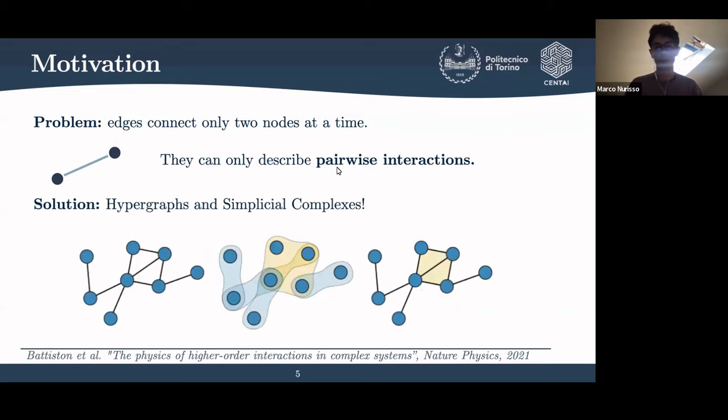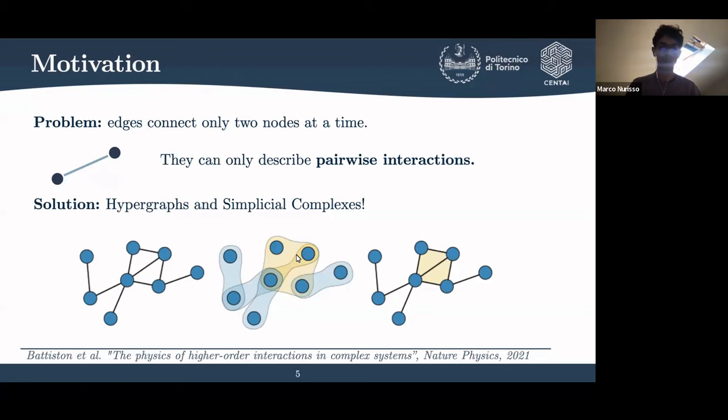We usually do this using hypergraphs and simplicial complexes. Basically, hypergraphs in general are just networks where you take nodes and edges, and you add other higher order structures, such as triangles, tetrahedra, and so on. In hypergraphs specifically, you don't have any restriction on these higher order interactions, which makes hypergraphs a very flexible tool to describe higher order systems in a realistic way.